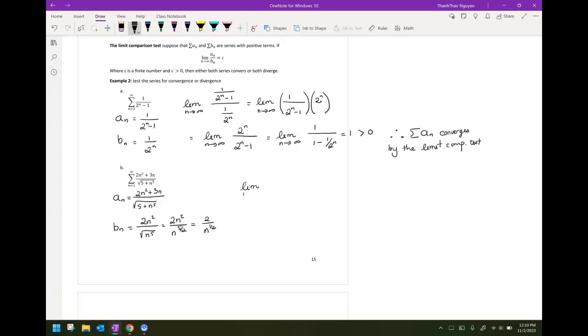The limit as n approaches infinity of a sub n, that is 2n squared plus 3n divided by the square root of 5 plus n to the 5th, divided by b sub n, which means multiply by the reciprocal. This is n square root of n, or n to the 1/2, divided by 2. Okay, so let's multiply this out.